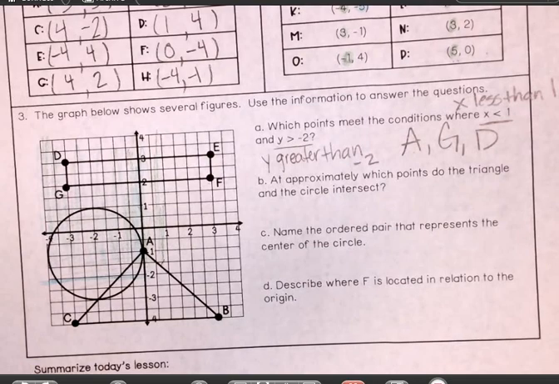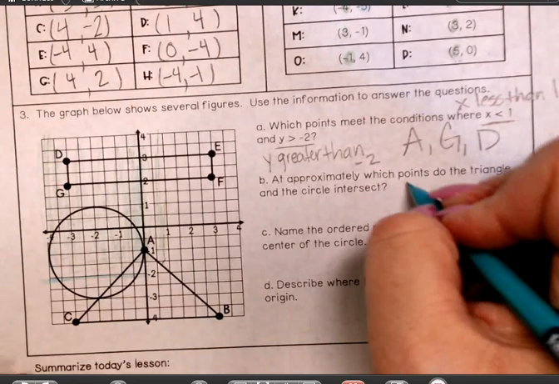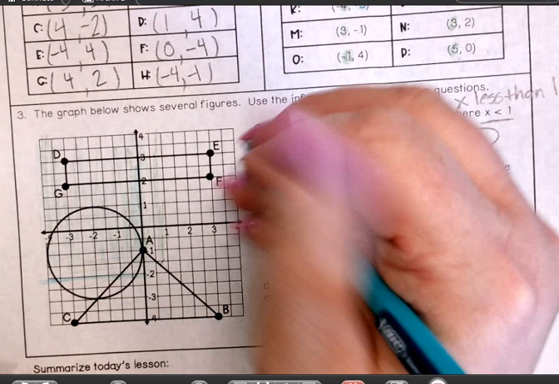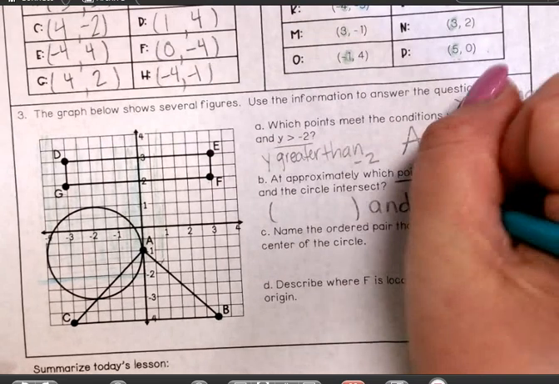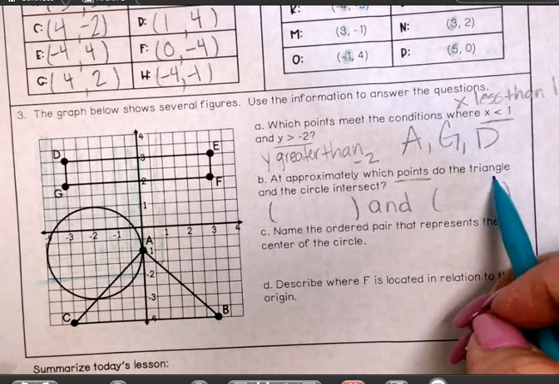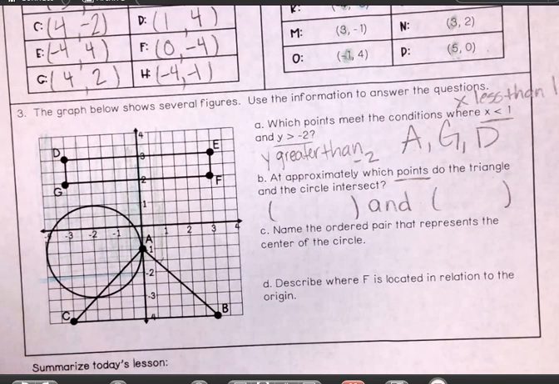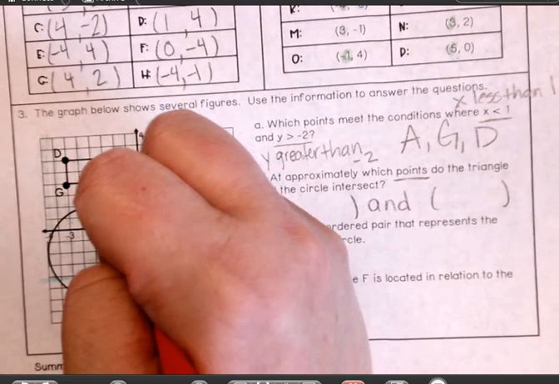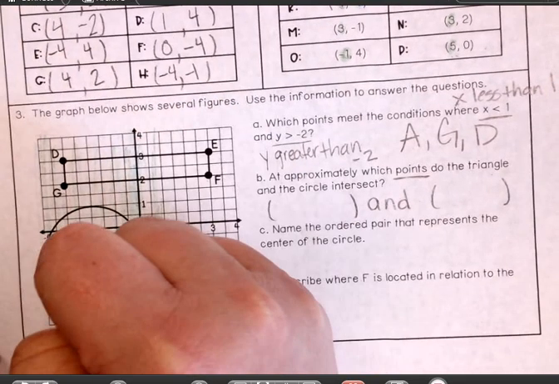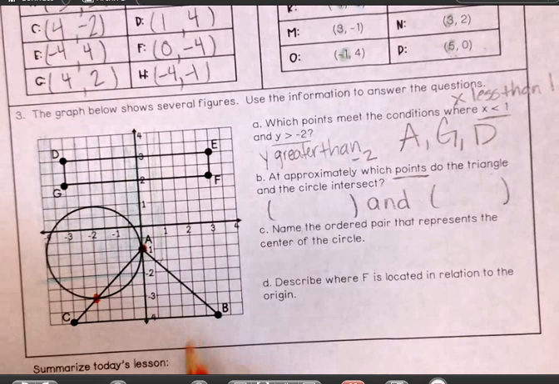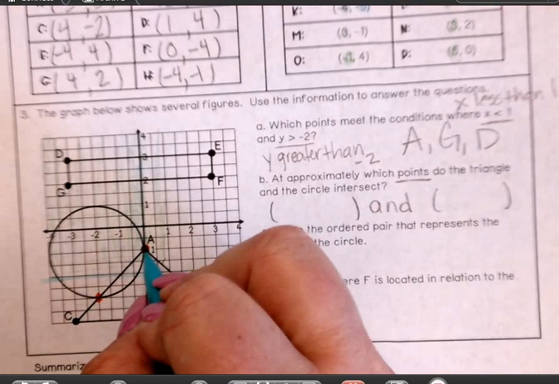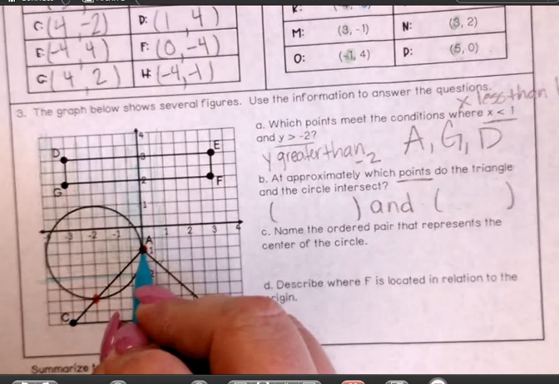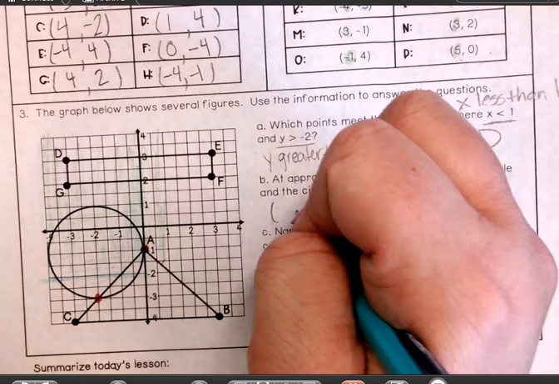B. At approximately which points do the triangle and the circle intersect? So I have to look at where the circle intersects here and down here, right? So what is my x for A? Do I move left or right? No, so it is 0.